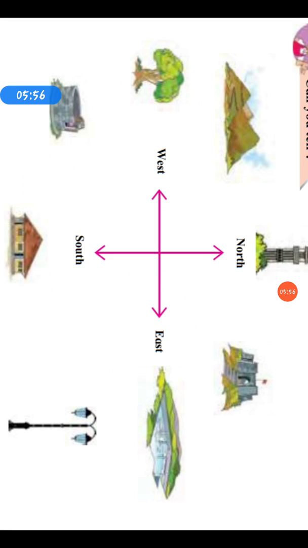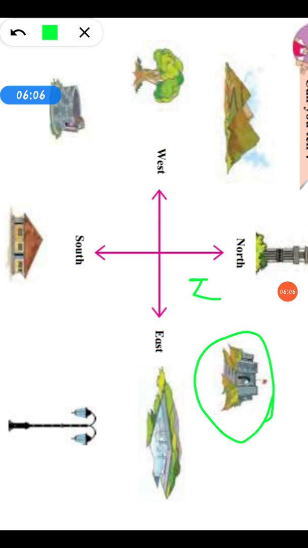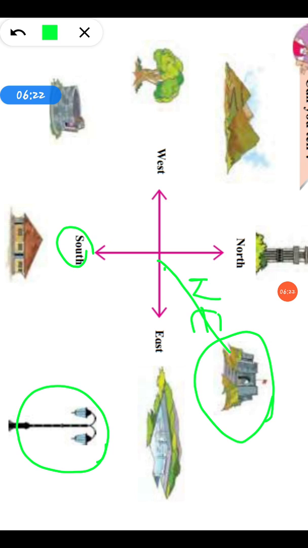Now students, tell me in which direction the fort is. The fort is between north and east, so the subdirection is northeast. The street lamp is between the main directions south and east, so the subdirection is southeast.